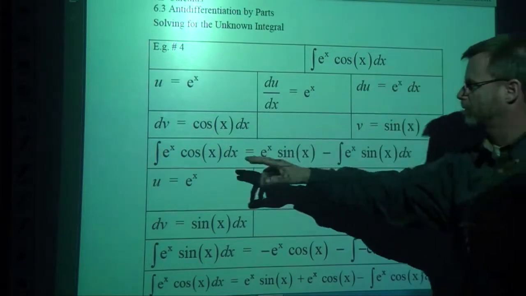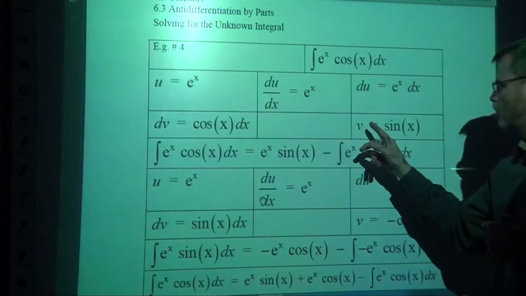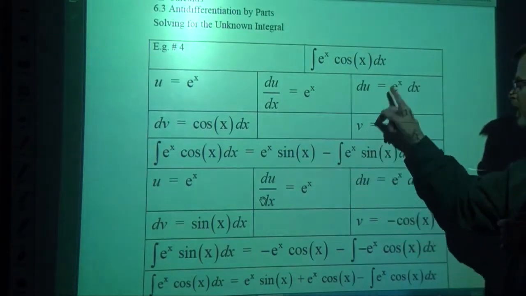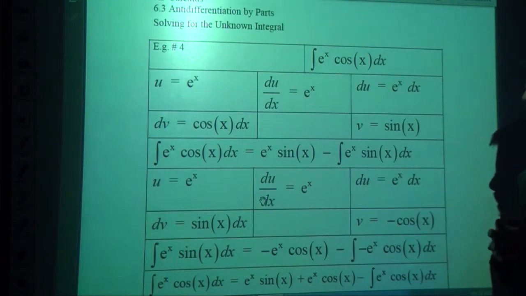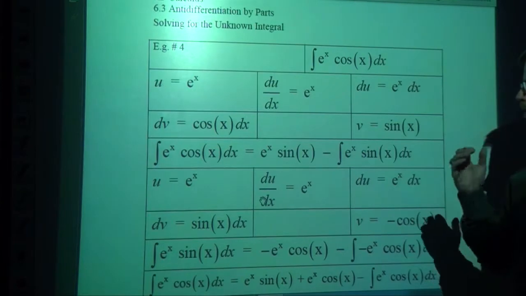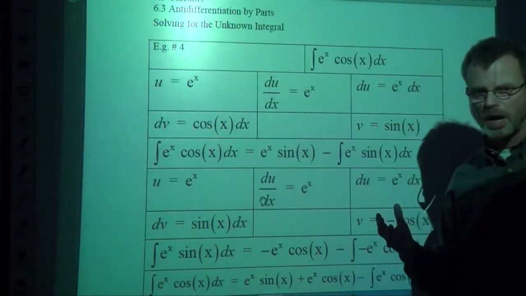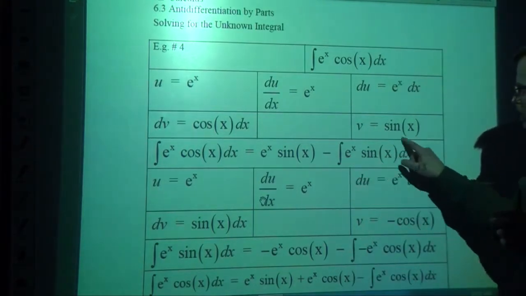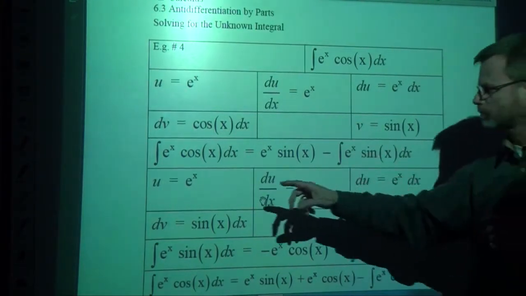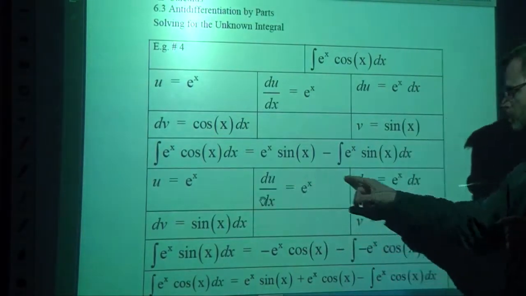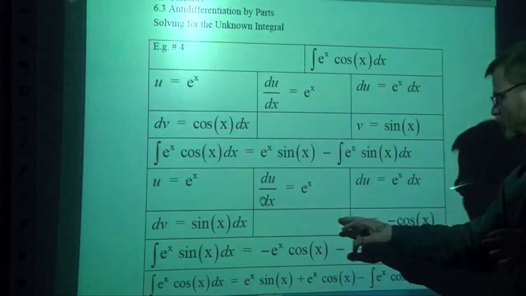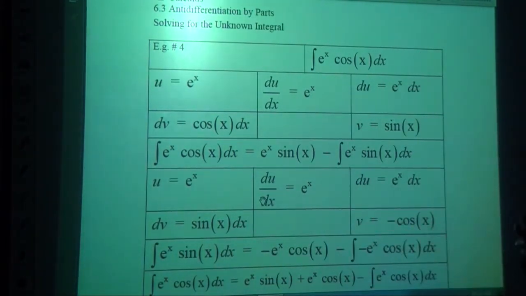So the original question is going to be equal to uv, which is e to the x sine x, subtract the integral of v du, e to the x sine x dx. And it might not seem that we made progress, but same thing, just like sunscreen, we're going to reapply the algorithm, and we're going to say, okay, just this branch right here. u is e to the x, differentiate across. dv is sine x dx, we're going to integrate that and get negative cosine x.